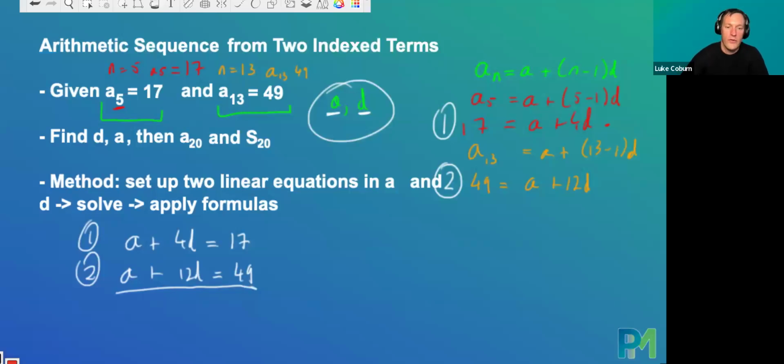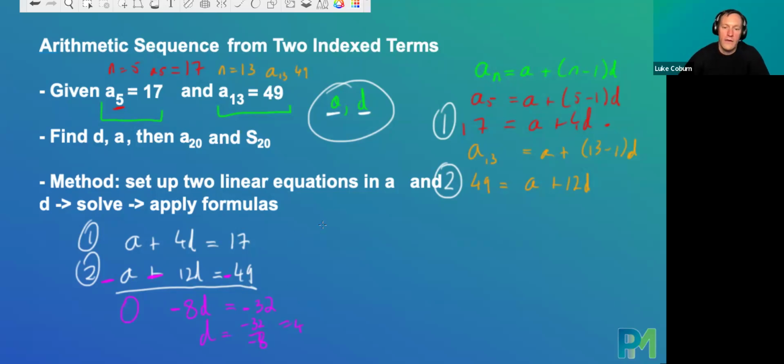So what do we do? We just say, let's subtract everything here. So then this is a 0, and this is a minus 8D, and this is going to be minus 32, and then D is equal to minus 32 over minus 8, which is equal to 4.